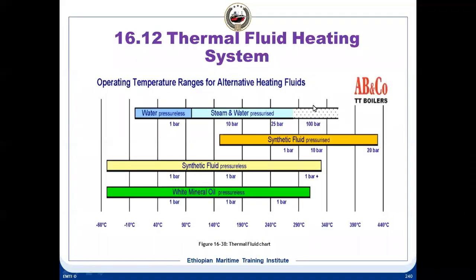As a result, there are safety considerations which come from operating steam itself at say 300 degrees centigrade, where we are talking about 100 bar.